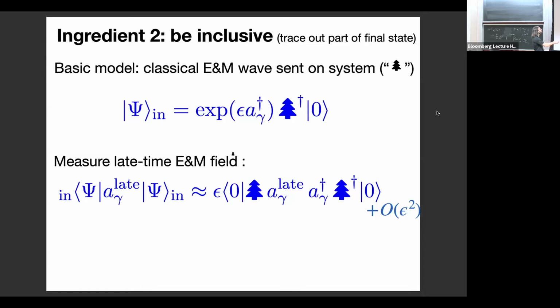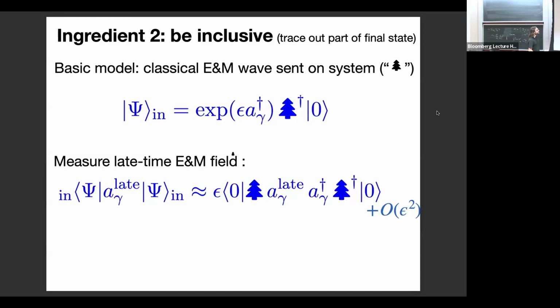We can model this as a one-point function that absorbs the photon in that state. And when you take the expectation value in the state, mostly the A and A daggers commute past each other except for one. So it's basically a 4-point function, which describes the electric field of a laser that's reflected off the tree.